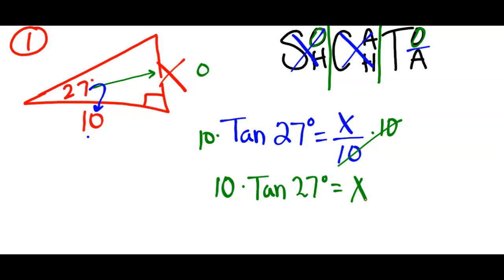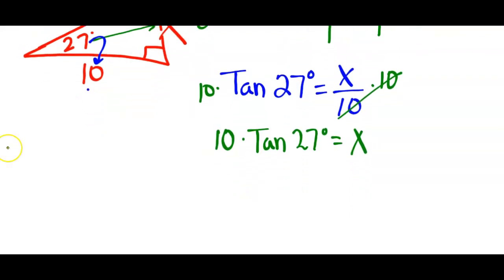And we want to round to the nearest tenth. So I'm going to get 5.1 is my x. Now, I just need to check one thing. Yeah, that's good. All right, I'm good.